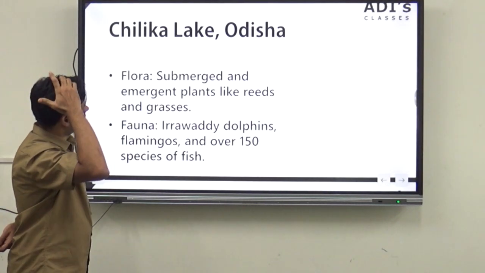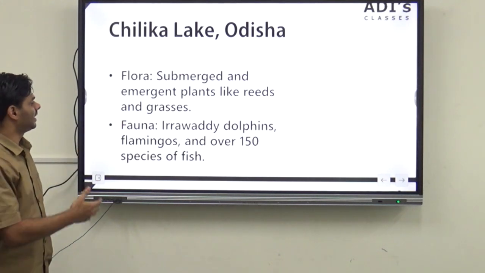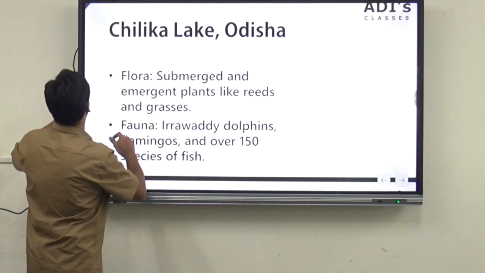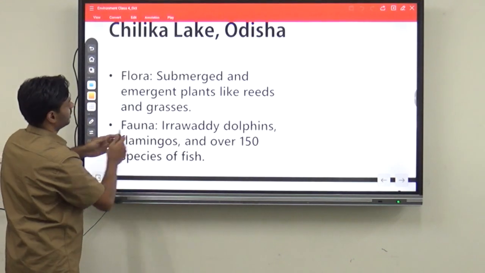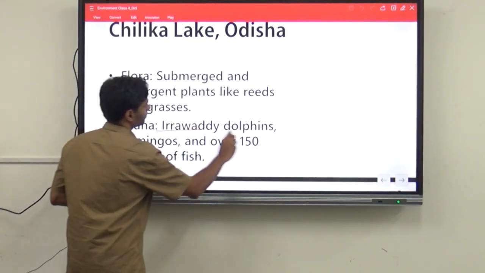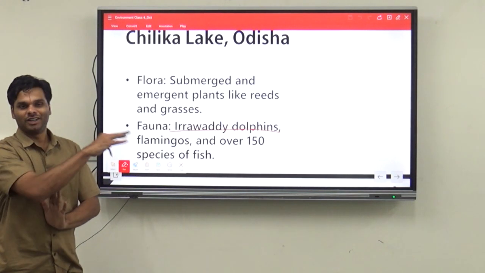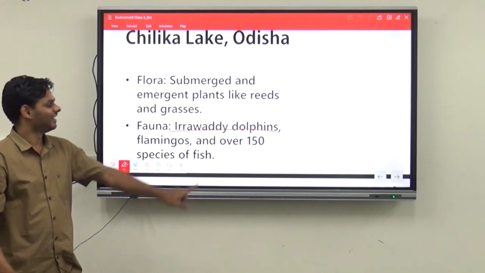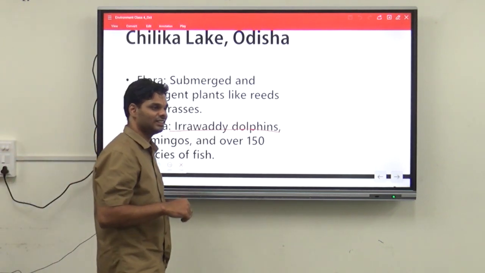Okay, Chilika we already spoke about, and we said there are a lot of submerged and emergent plants like reeds and grasses. So see, this is what Chilika Lake looks like. When I was showing you Lake Chilika, did you see there were some dolphins jumping in the air? Irrawaddy dolphins.